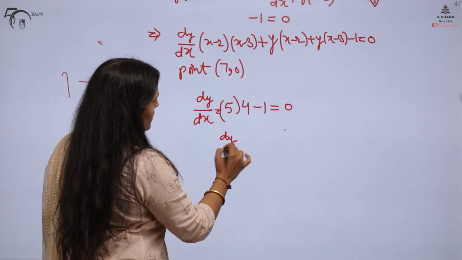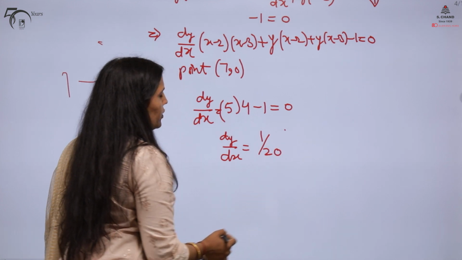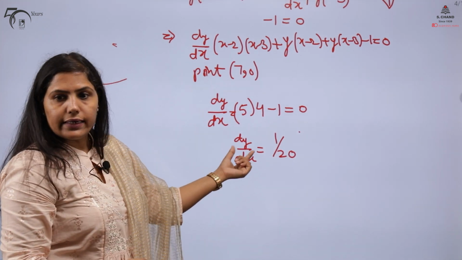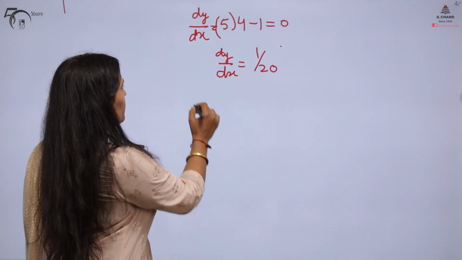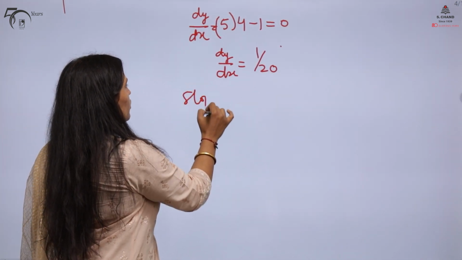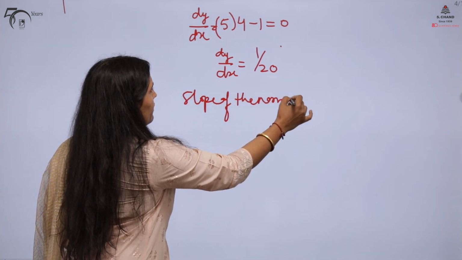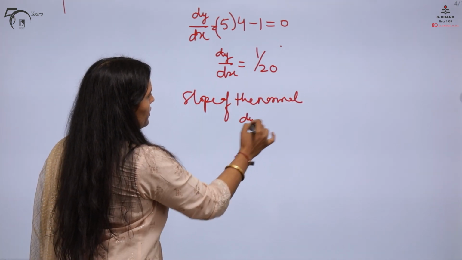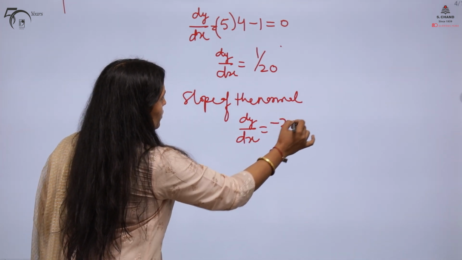So dy by dx you are getting as 1 by 20. But this is the slope of the tangent, and we are calculating the slope of the normal. So what will the slope of the normal be? It will be negative and reverse.